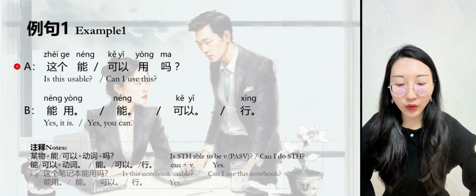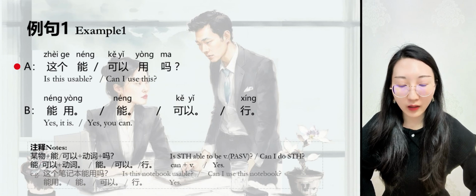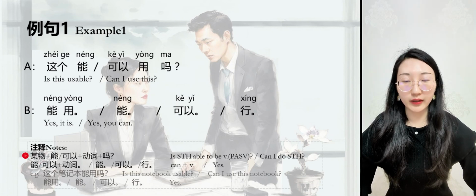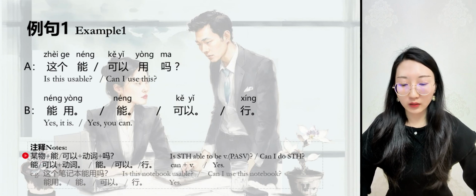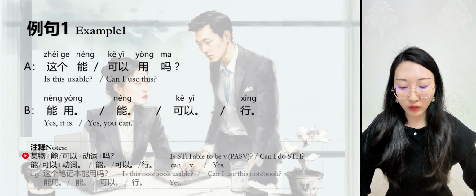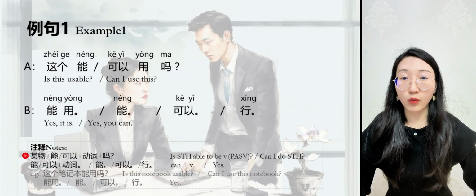这个能用吗? 这个可以用吗? 能用。能,可以,行。So the structure of the question sentence is 某物 something, 能可以 can, 动词 verb, 吗 tone word for question.